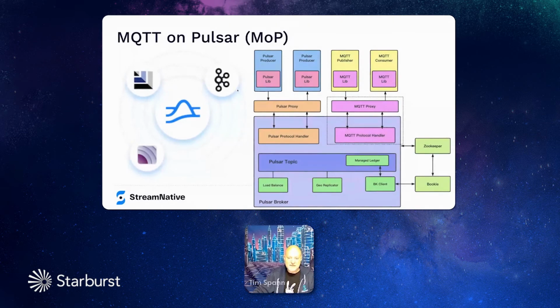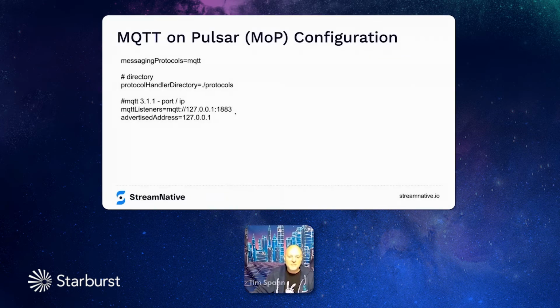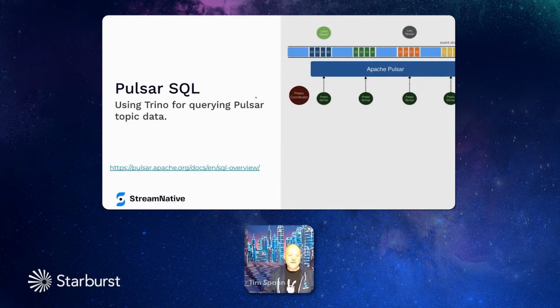I'm going to skip a couple of these slides and leave them for later. Watching the time here, I want to make sure we get to the part where Pulsar and Trino are connected. For me, this has proven to be a really useful feature: being able to see what's in the topics right now and do that with a really powerful querying tool like Trino, and being able to use third-party products.